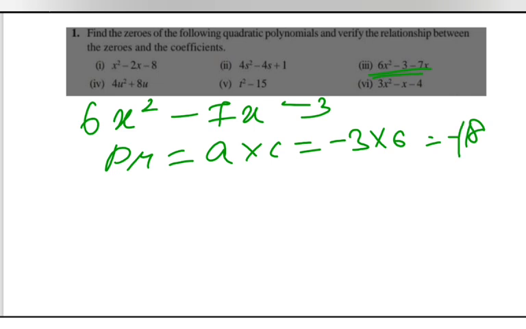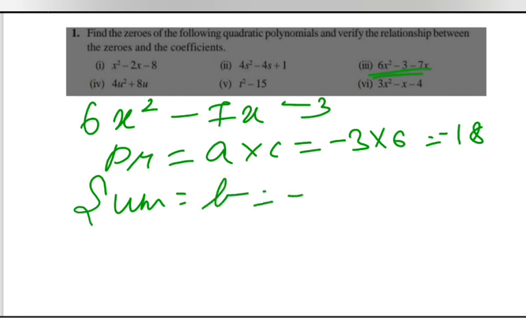And the sum will be B. B is minus 7. Am I right? Yeah.